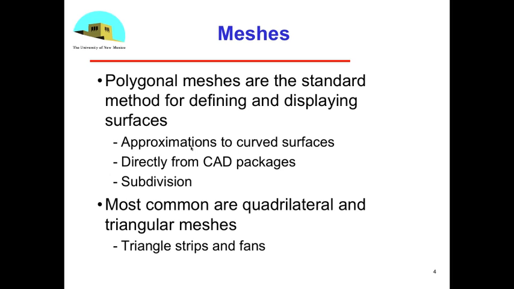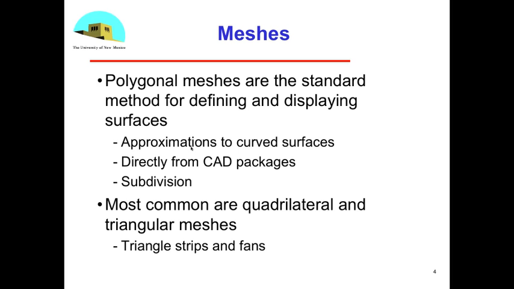There are also a number of techniques that we'll hopefully have time to look at the end of the course, where you start with a surface, or you start with a rough mesh, and you do subdivision to get a much finer mesh, and that generates obviously a lot more polygons.